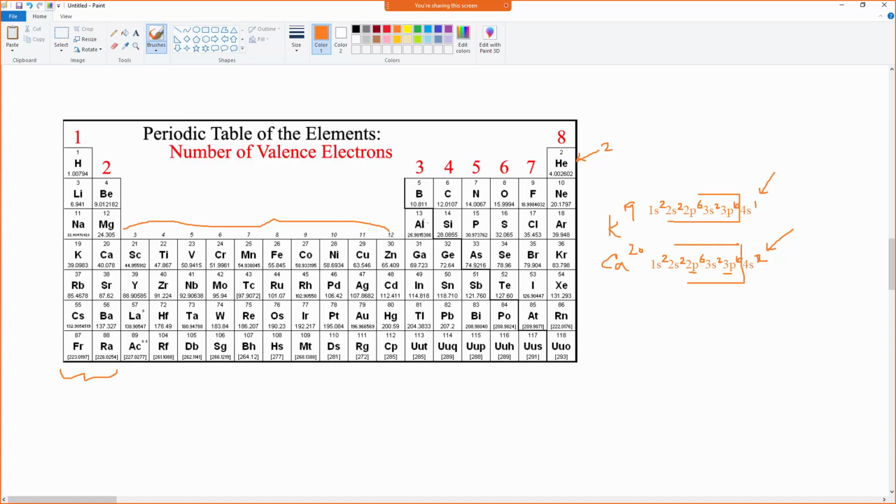then you start filling the p orbitals, right? So after you fill the 3s1, 3s2, you start filling the 3p1. Now the s and the p together tell you the number of valence electrons because they're still in level 3, right?